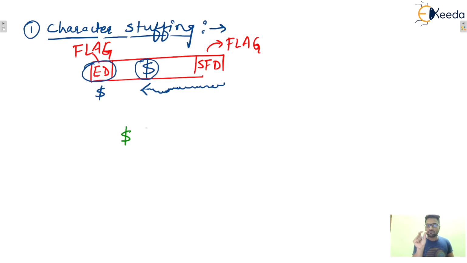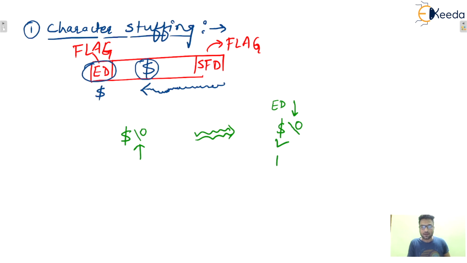Any character which matches the ending delimiter, then one special character, let's say the null character, is used before the dollar sign. So whenever this frame reaches the receiver, and the receiver sees this null character, it will understand that the next dollar, or the next pattern like ED, is part of the data.